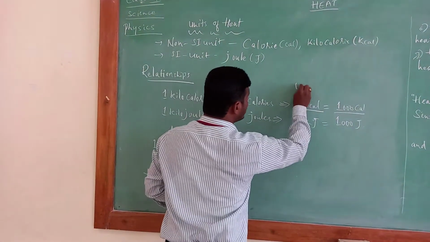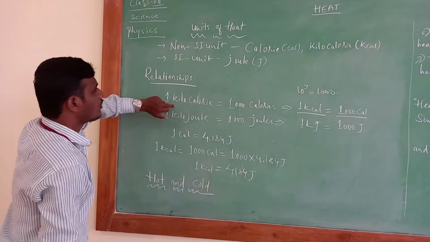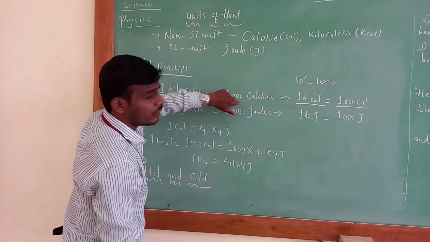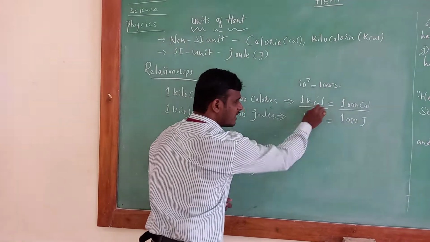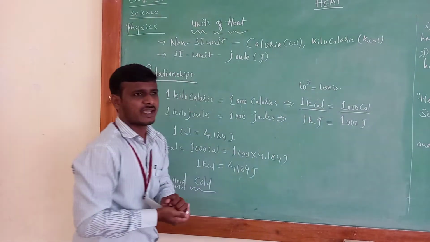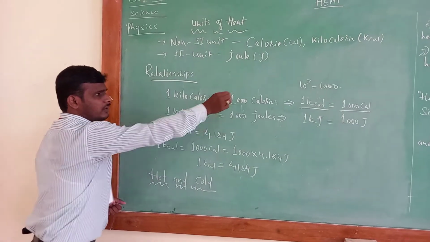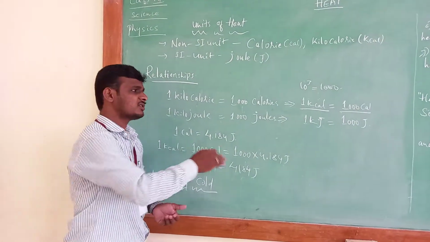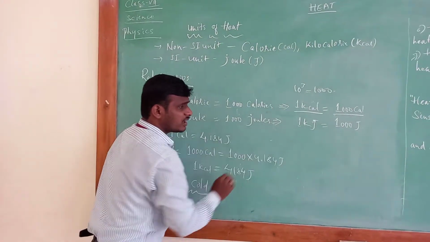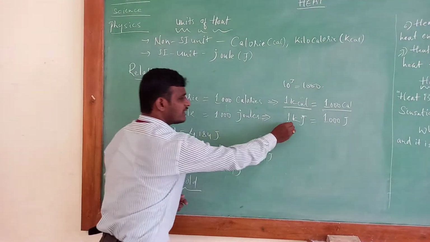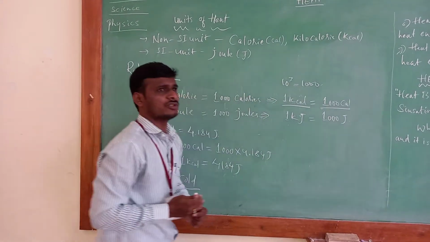Kilo means 10 to the power 3, which is equal to 1000. Similarly, 1 kilojoule is equal to 1000 joules. We can denote it as 1 kJ is equal to 1000 joules.